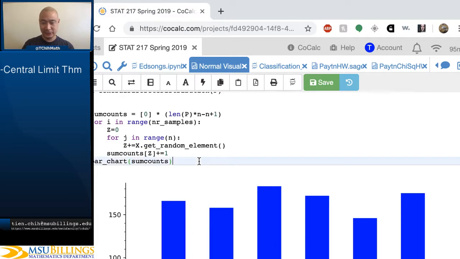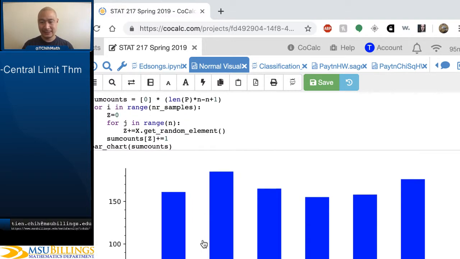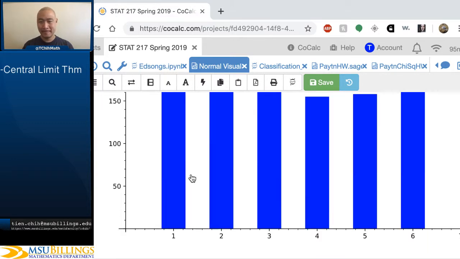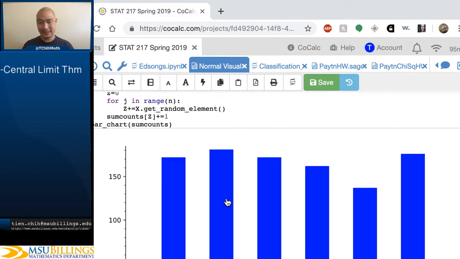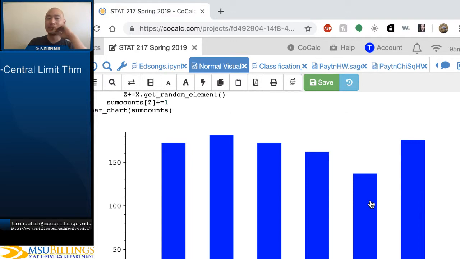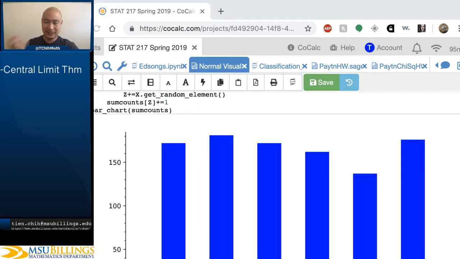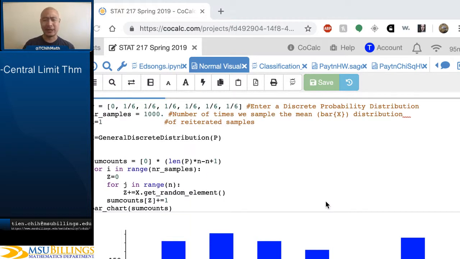I can do it again. And it's not exactly the same distribution, but they're all still pretty even. And there we go again. And no surprises here, right? If you roll a dice 1,000 times, you don't expect exactly the same number of the 6 outcomes. It's not actually possible because 1,000 is not a multiple of 6, but you expect it to be pretty close, right?